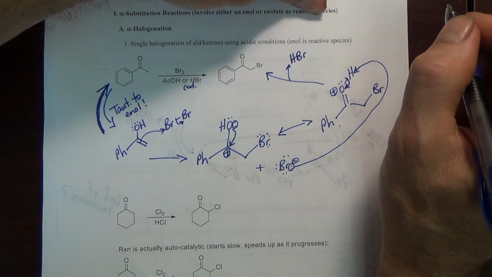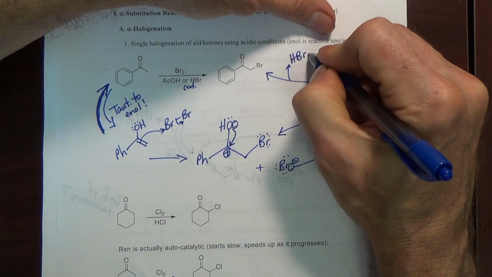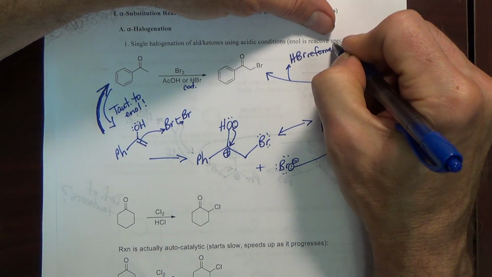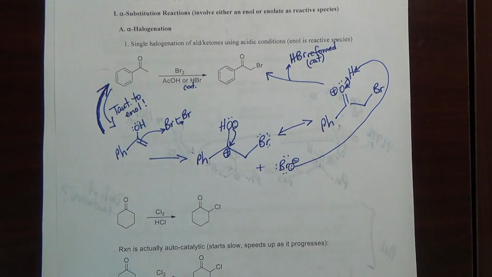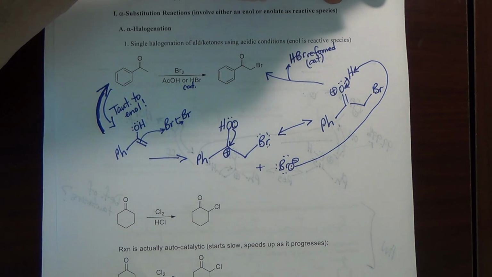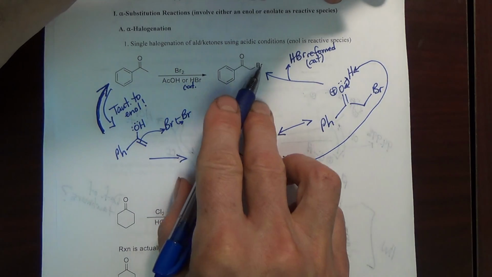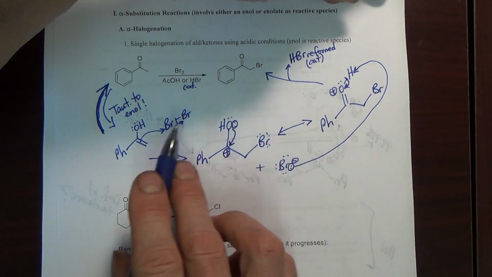Okay? Now, since we started with it, we'll say it was reformed. All right, catalyst. And that's the chemistry that takes place, and we end up with a bromine here plus HBr, not a dibromide.